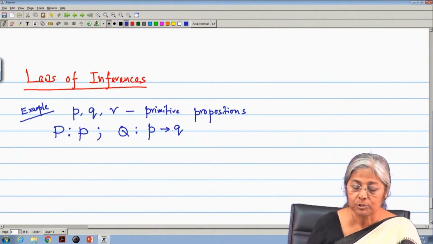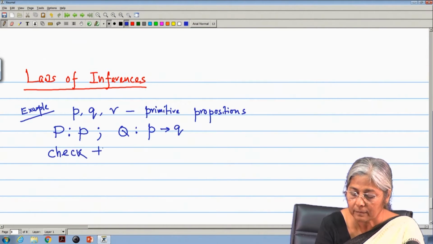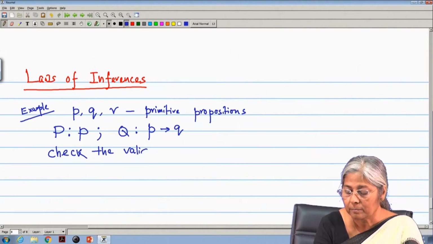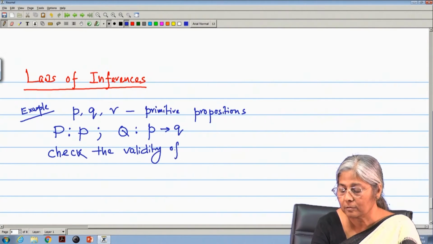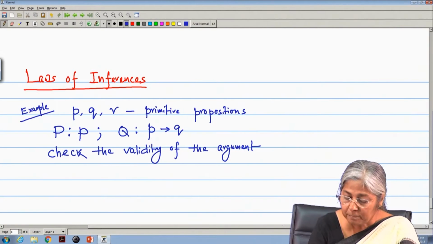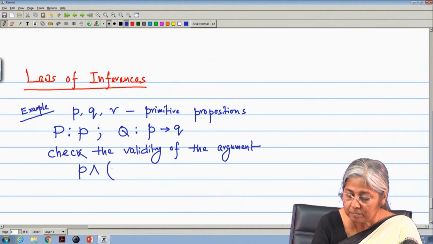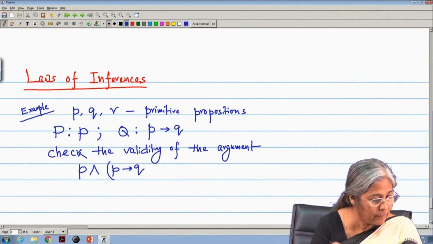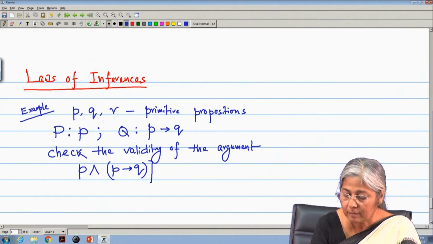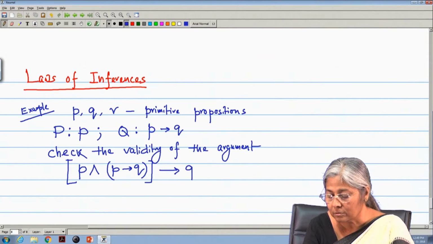Then we want to check the validity of the argument: p and p implies q, implies q, or not.